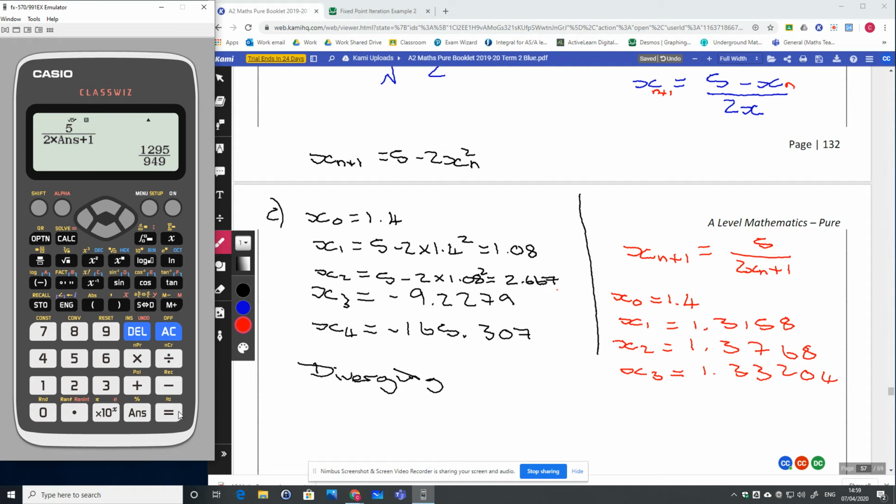You will be told in an exam question what accuracy to give and how many of these to do, generally, if you were asked to generate the sequence.